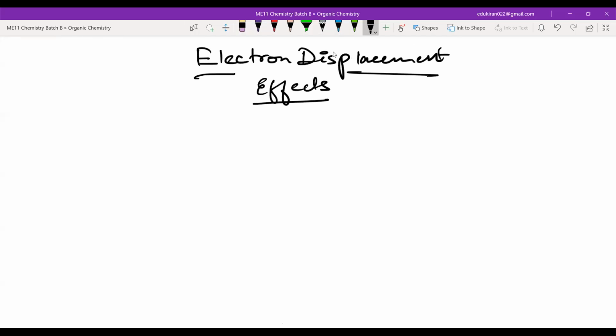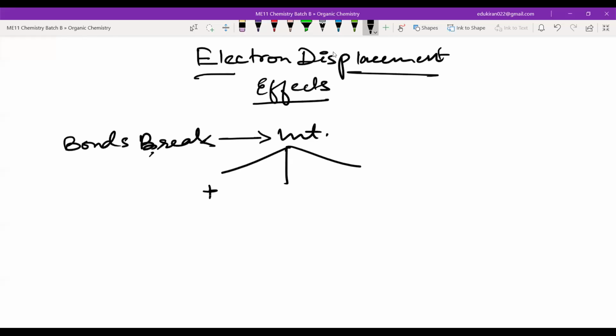We started with the reaction, and we said that reactions always start with some bonds which break. And if the bonds break, they form intermediates. These intermediates can be positively charged or negatively charged if the cleavage is heterolytic. If we have homolytic cleavage, then there will be a free radical.